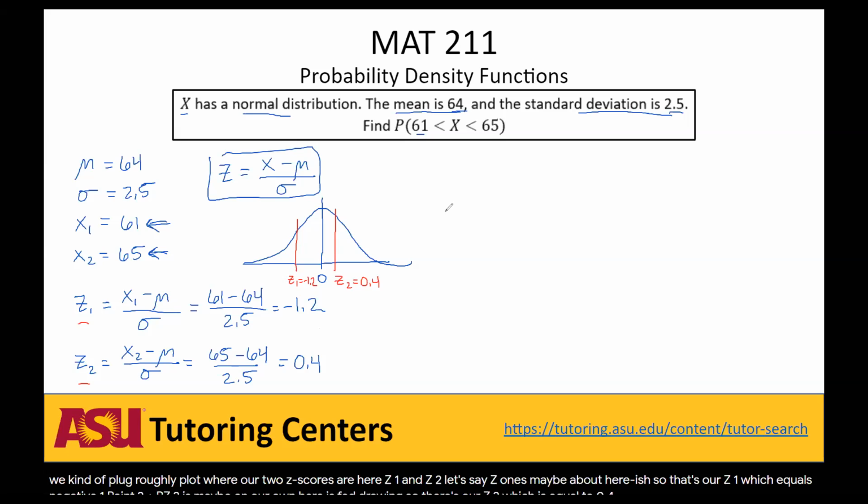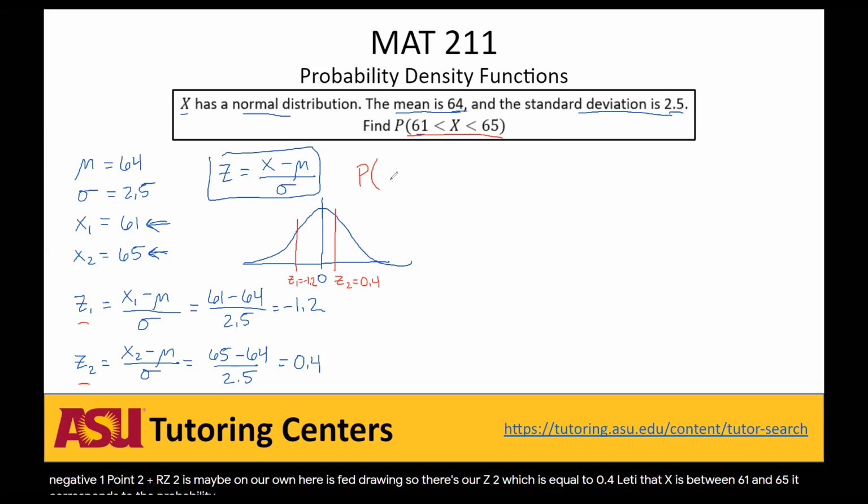So the probability that X is between 61 and 65 corresponds to the probability that Z is between negative 1.2 and 0.4. Let's write that a little more neatly here.